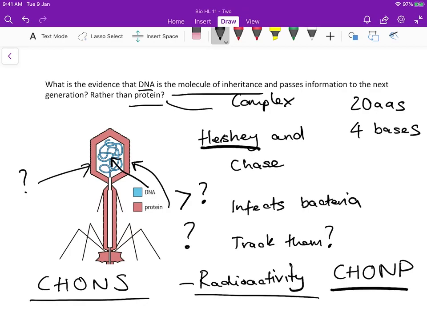So what's the difference? Well, we don't have phosphorus in protein and we don't have sulfur in DNA. So these were two good candidates. If we can make these radioactive, then we can track the radioactive phosphorus and track the radioactive sulfur.